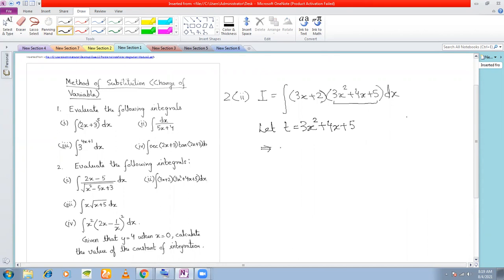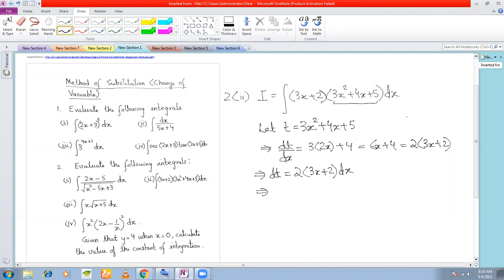That means dt dx is equal to 3 into 2x plus 4, which is equal to 6x plus 4, which is equal to twice 3x plus 2. That means dt is equal to twice (3x plus 2) into dx, right?